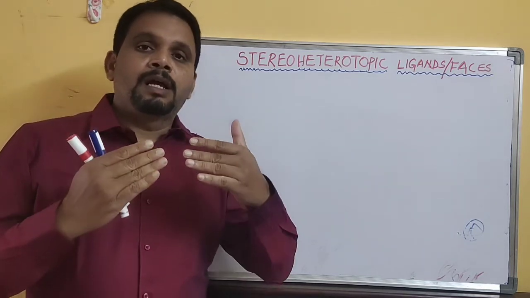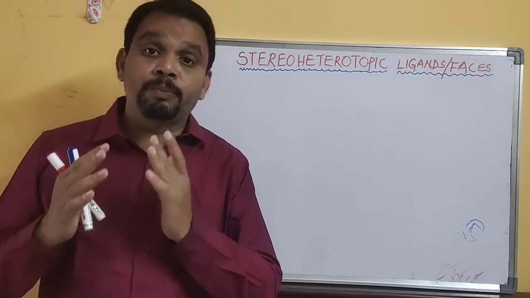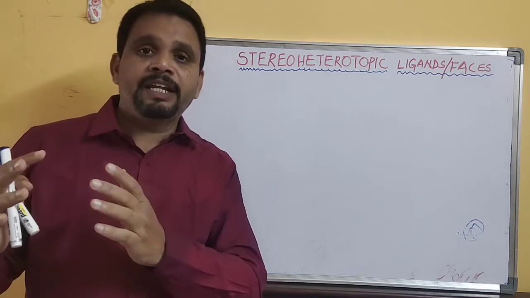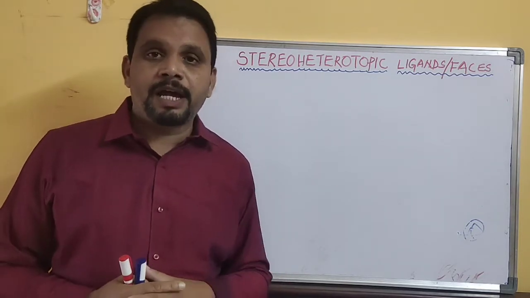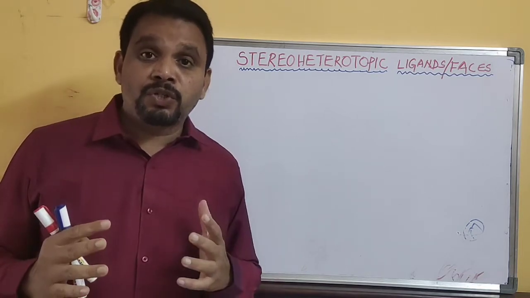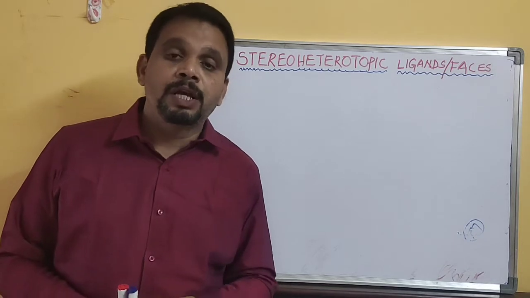Homotopic units are further divided into homotopic ligands and homotopic phases, right? Similarly, heterotopic units can be further divided as stereoheterotopic units and structurally heterotopic units.